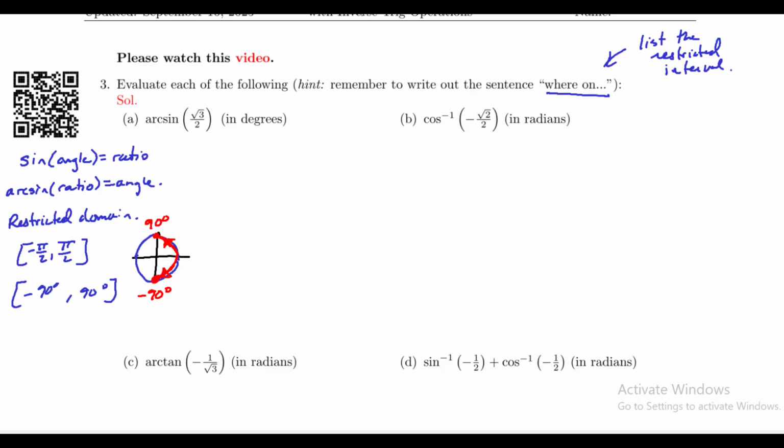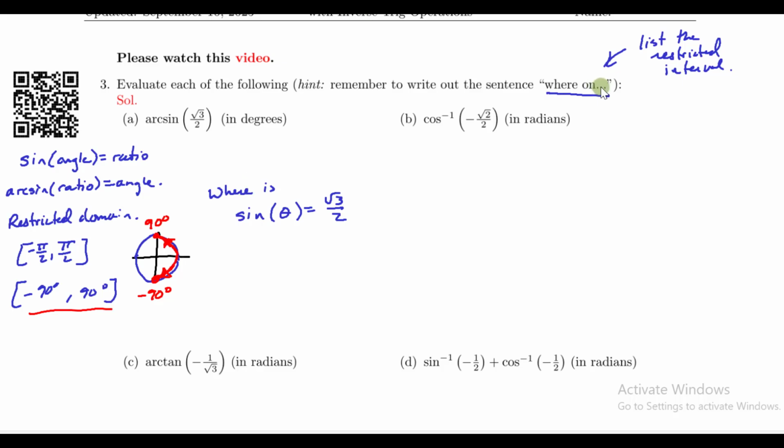Okay, so here's the sentence we have to be careful to write. We don't want to just ask, where is the sine of theta equal to the square root of 3 over 2? Because the answer to that question is there's infinitely many answers. And we have to make sure that we give the answer that's on this restricted domain.